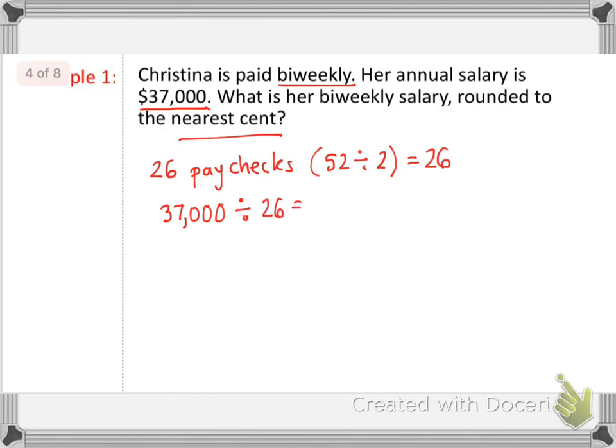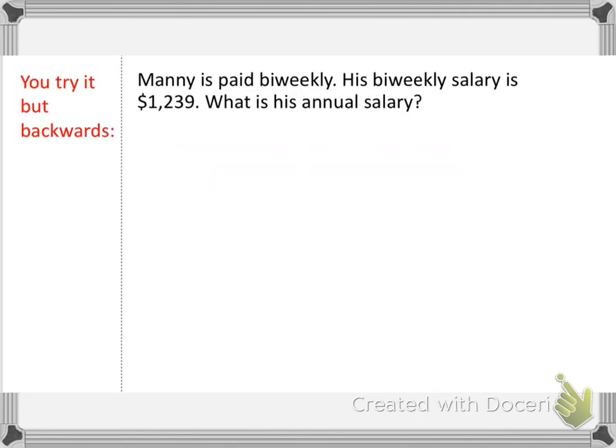Which gives us, okay? So that means that every check would be $1,423.08. Okay, and again, we go to the nearest cent, so that's what it would be. So her biweekly salary would be $1,423.08. And again, if you have any questions, we can discuss that tomorrow.